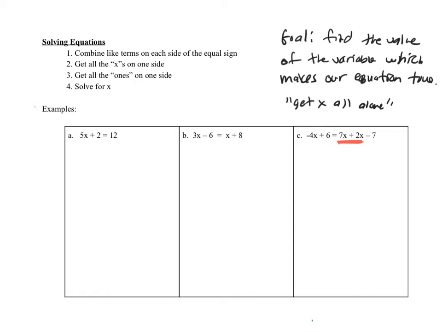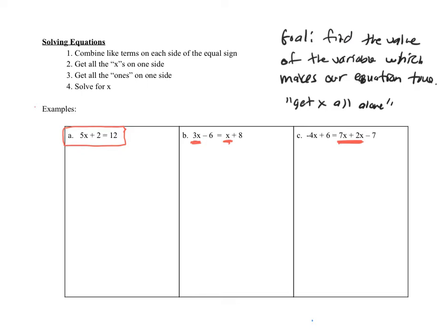Number two, get all the x's on one side. You'll notice in example B that I have x's on each side of the equal sign. I'll want to bring those together into one term, which is a little bit different than what we did in C. What I'm hoping for is to get the equation to look like example A, where the variable is only on one side of the equal sign.